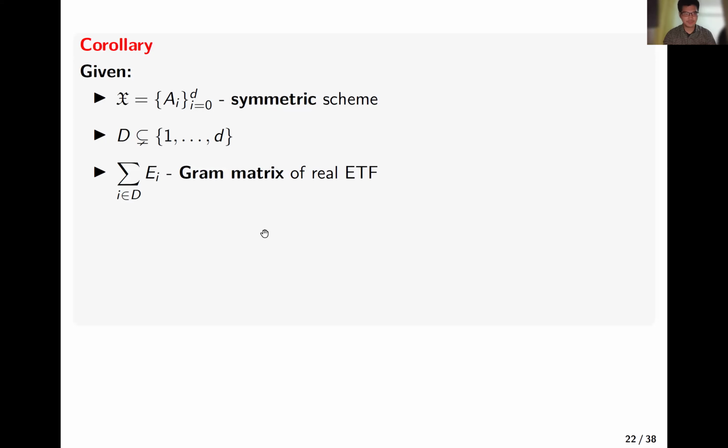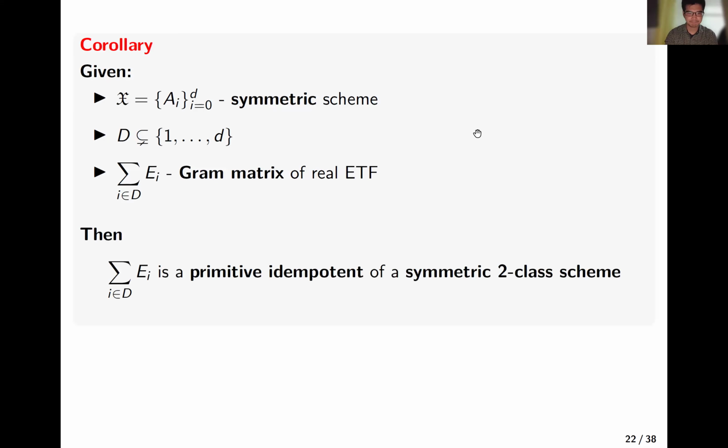And let's say that we have obtained, as a sum of idempotents of this scheme, the Gram matrix of a real equiangular tight frame. Then I can actually obtain the same Gram matrix from a symmetric two-class association scheme. So there wasn't really a need for me to look at the symmetric scheme with however many classes. It suffices to look at something with two classes instead.